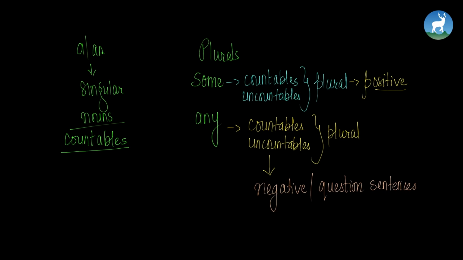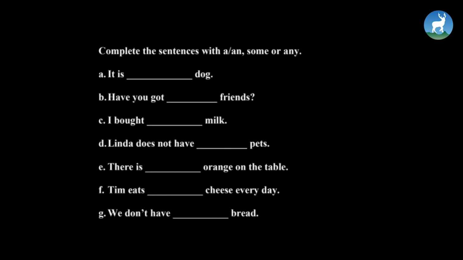Now, if you keep in mind all this, it's going to be easy for you to deal with the sentences. Now here on your screen you can see some sentences where we'll have to complete the given ones with a or an or some or any as necessary.